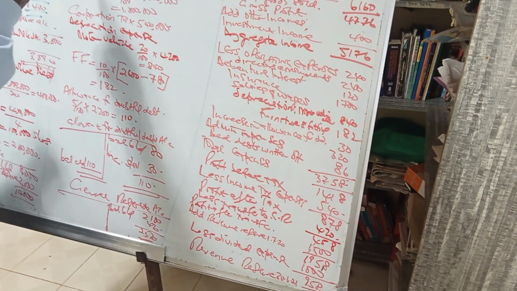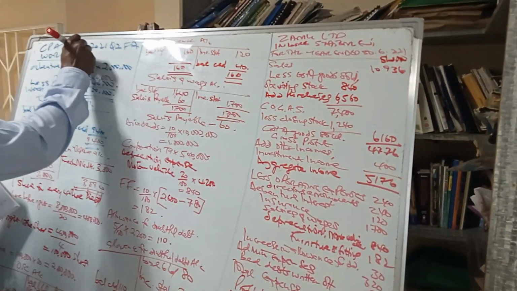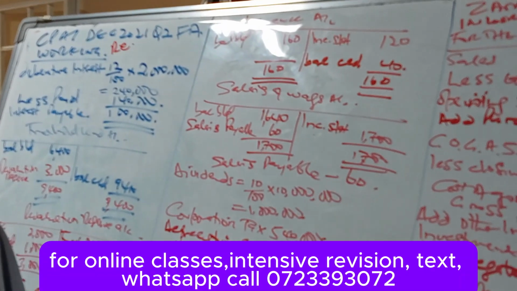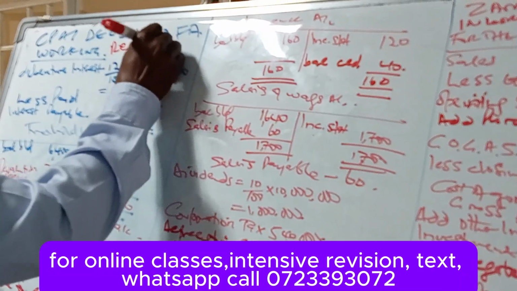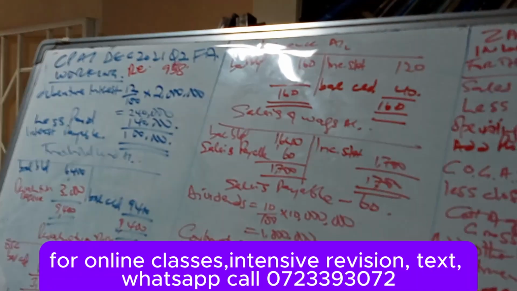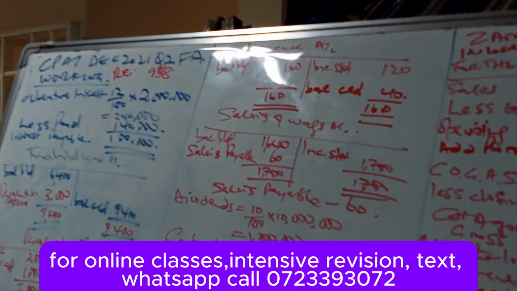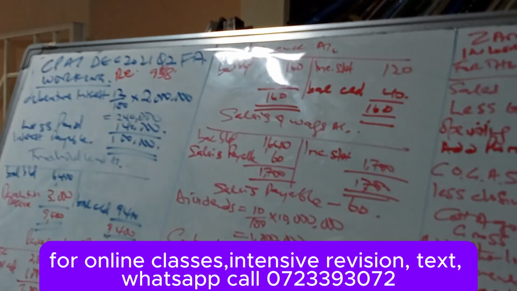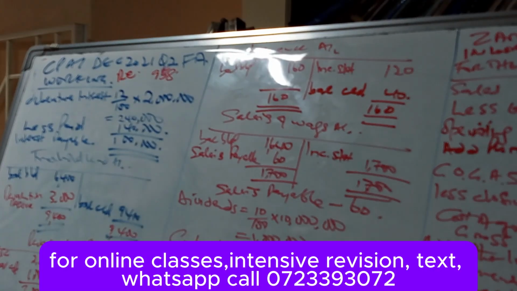So if we capture the figure here, revenue reserve or retained earnings is 958. So that we can do the balance sheet at the same place. I don't want to erase my workings because I will keep using them in both the income statement and the balance sheet.